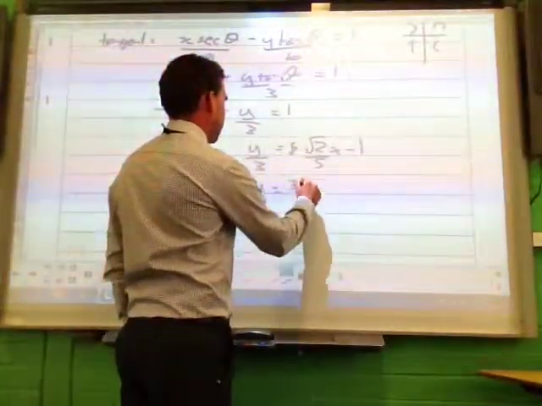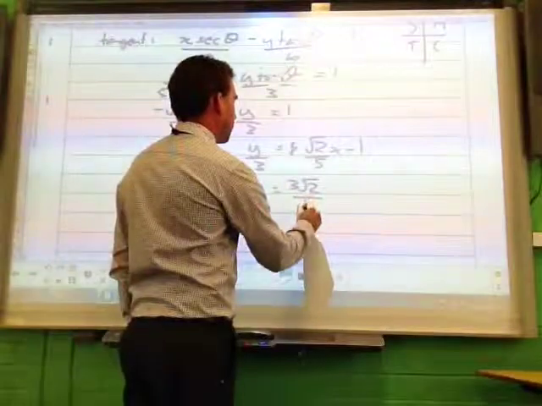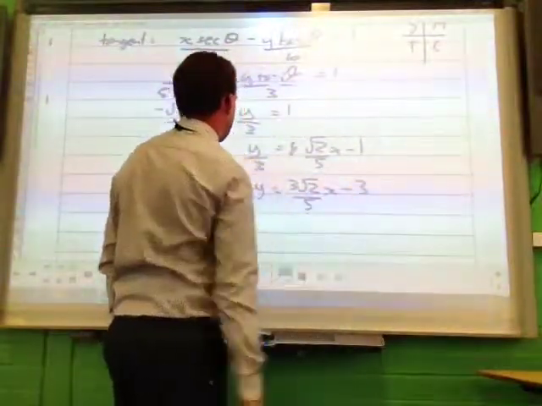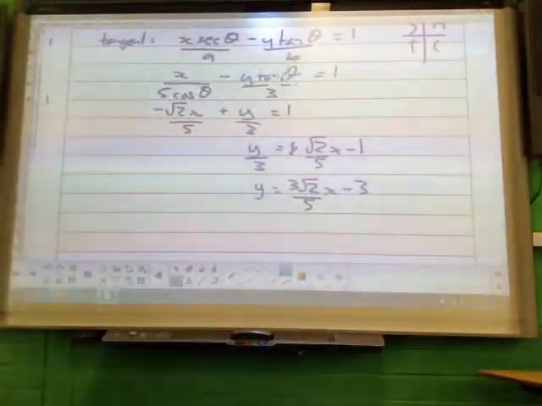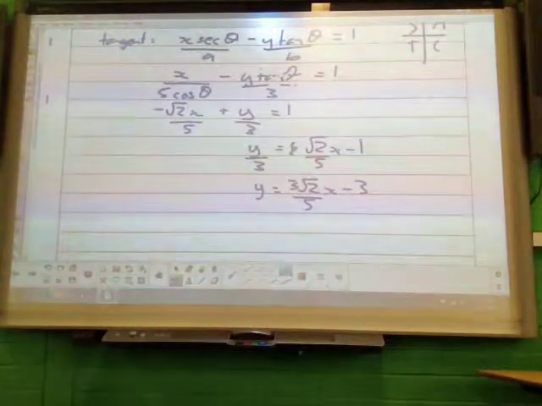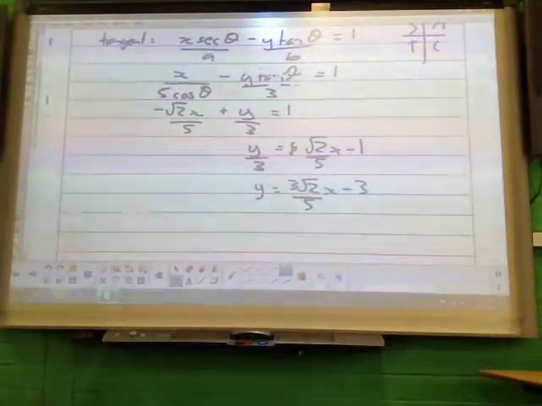It's going to be 3 root 2 over 5 x. Right, so that's the tangent. You're going to need the normal.